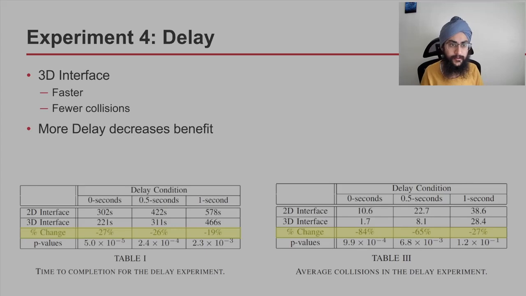So looking at experiment 4, this was an experiment designed to measure how the 3D interface performed in the face of delay. And we can see that indeed the 3D interface is still better. Users are able to complete the task faster, and they're still able to cut down on the number of collisions they have versus the 2D user interface.